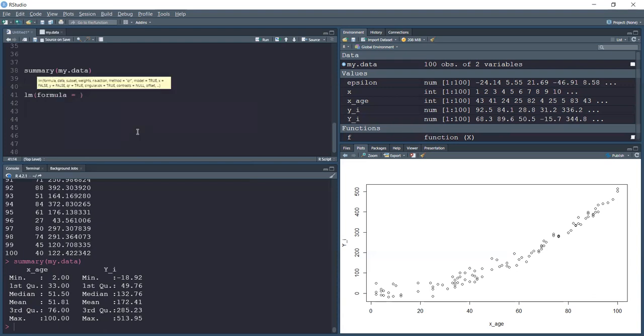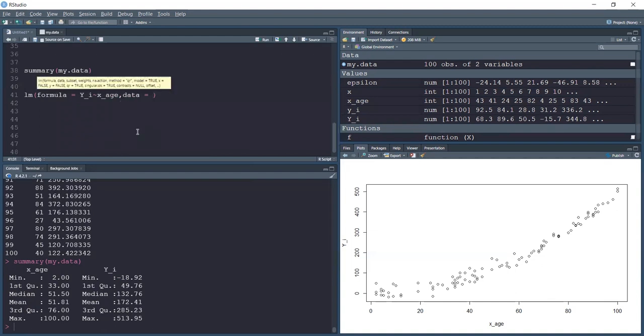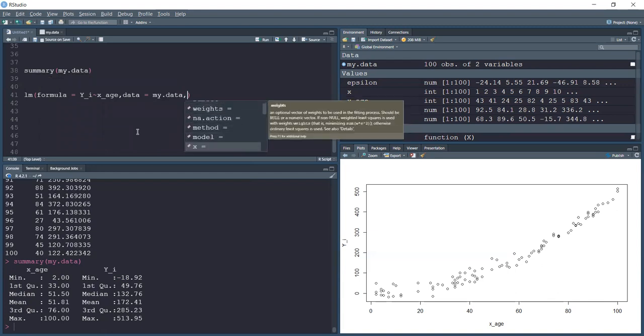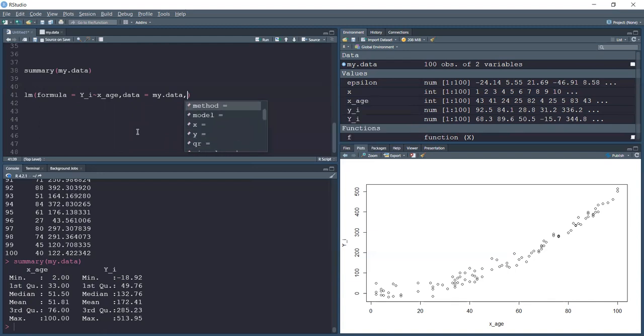Now it wants a formula. I'm going to say the output tilde depends on the X age. Now what else does it want? It's asking for the data. I'm going to say my data. And we can ignore all these, but look at how these are things that you can specify. For example, weights.